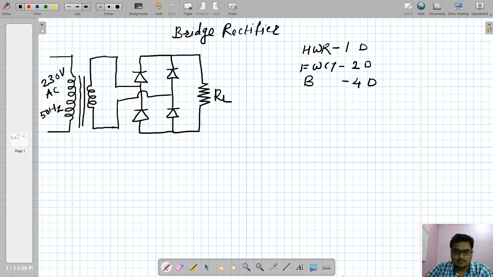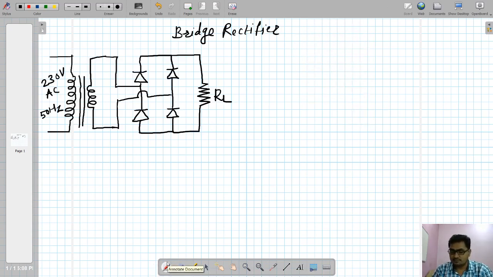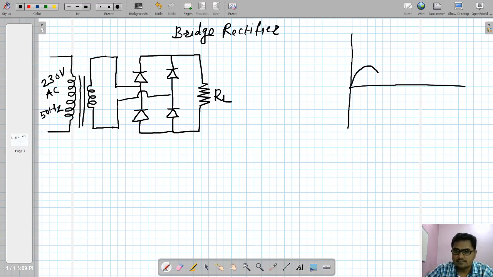So let us draw the output waveforms for this bridge rectifier. It's not new at all, because the waveforms that I am drawing here for bridge rectifier are completely the same as that of center diode rectifier.